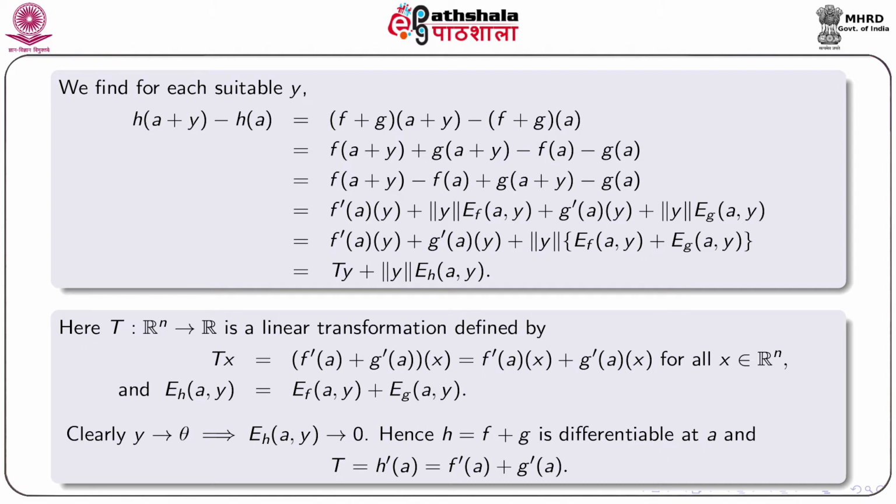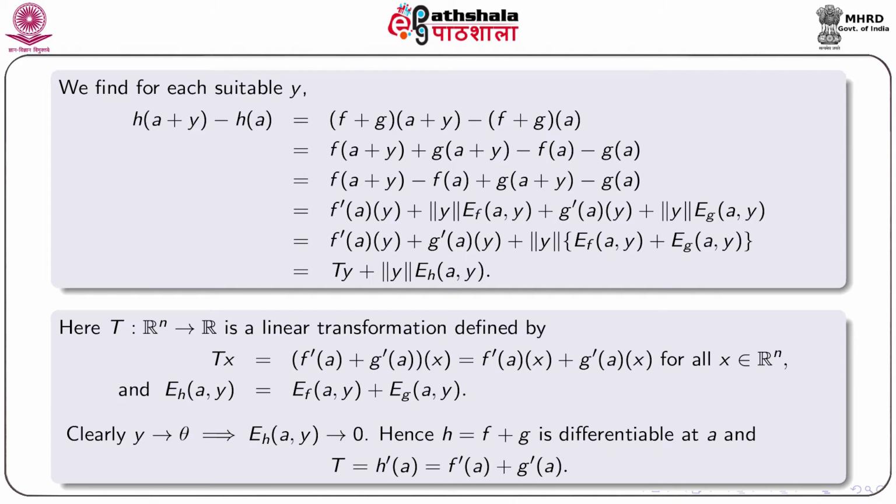We find that for each suitable y, h(a+y) - h(a) is, by the definition of h, (f+g) operated on a+y minus (f+g) operated on a. So, it is equal to f(a+y) + g(a+y) - f(a) - g(a).